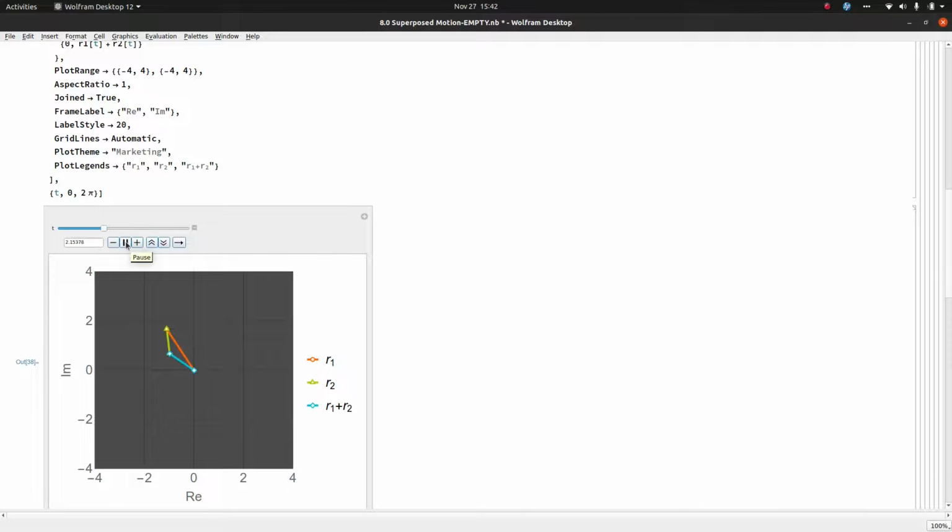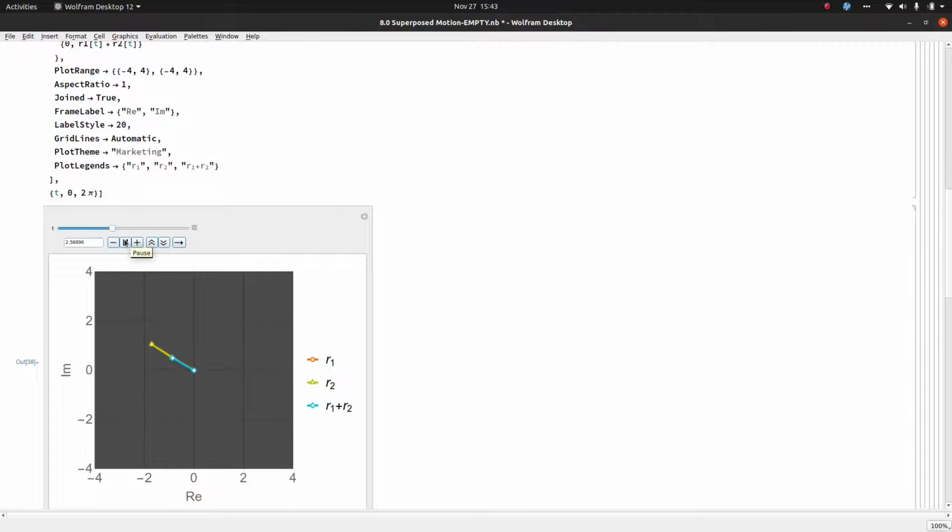Well, you can see that the superposition vector in blue, the R1 plus R2, now all of a sudden is not just moving in circular motion. Circular motion involves moving at a constant radius, and the radius of the blue vector is changing. It's going in and out as it goes around the circle.